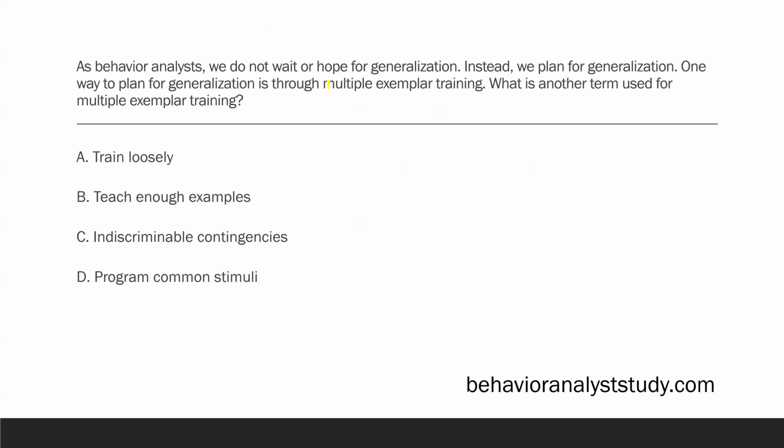When we think about multiple exemplar training, what are we trying to do? We're trying to teach a lot of examples, right? We want to teach as many examples as possible so we can try to cover as many scenarios that might happen in a generalized setting. So if that's our goal, what is another term used for multiple exemplar training?